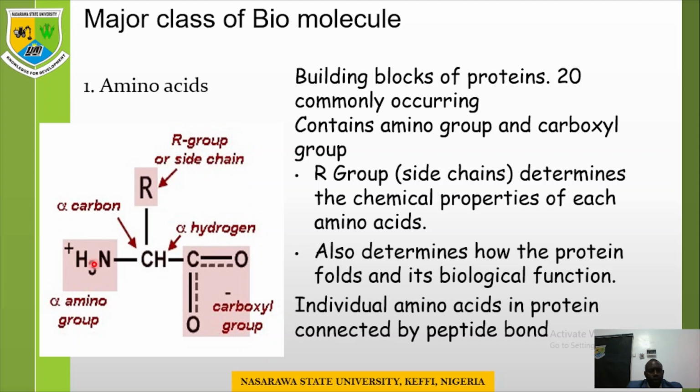This is the amino group. You see this is nitrogen, and you see this is positive. Why am I having positive here? We know that carbon can only have 4 bonds. This is a bond, this is a bond, this is hydrogen, and this is a bond.